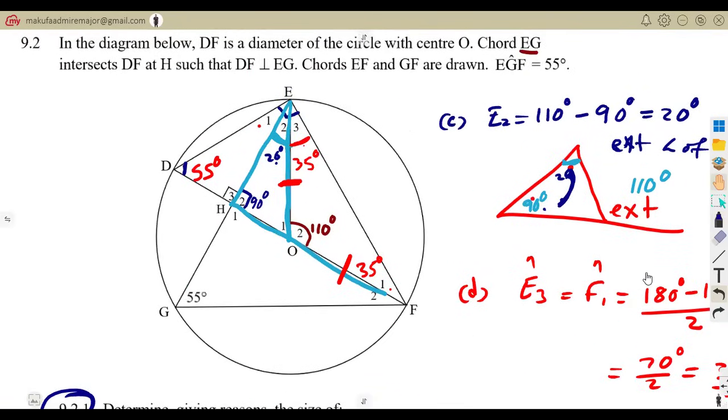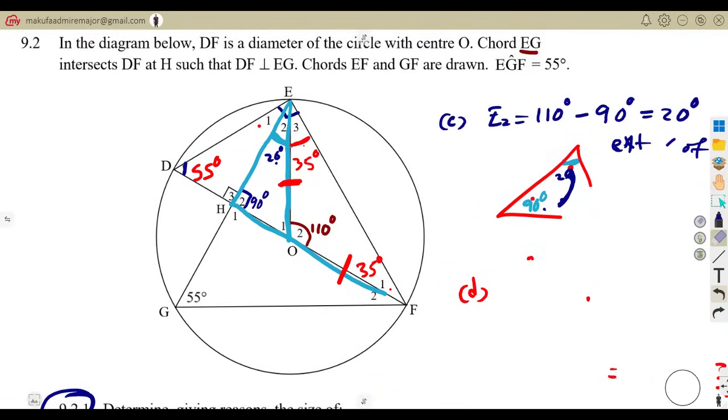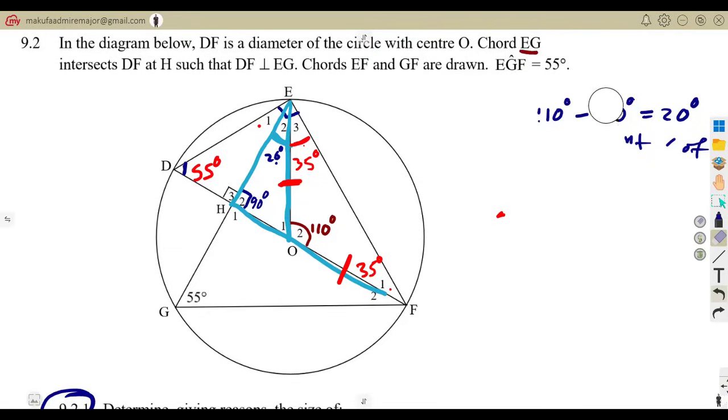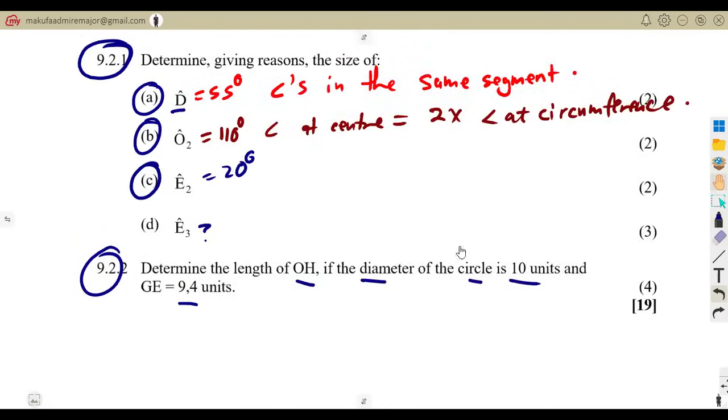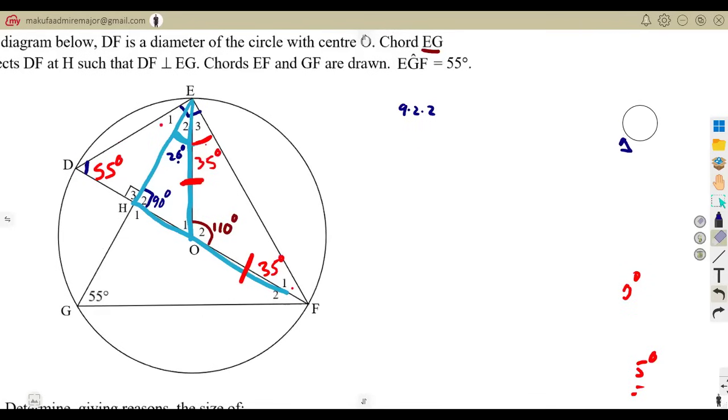All right, so let's try and see what is happening here. Remember, we want to determine the length of OH here. And what is it that we are given?